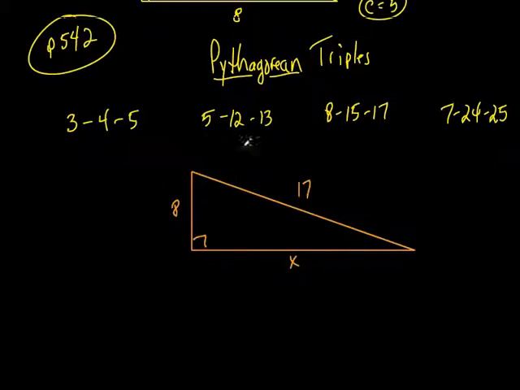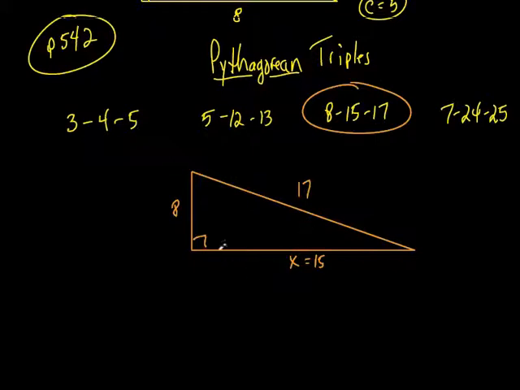Or you could remember your Pythagorean triples. If you remember your triples, the two legs would be 8 and 15, and the hypotenuse would be 17. I got one leg is 8, the hypotenuse is 17, so the other leg has to be 15. Isn't that nice? So if you know those triples, it really, really helps you.